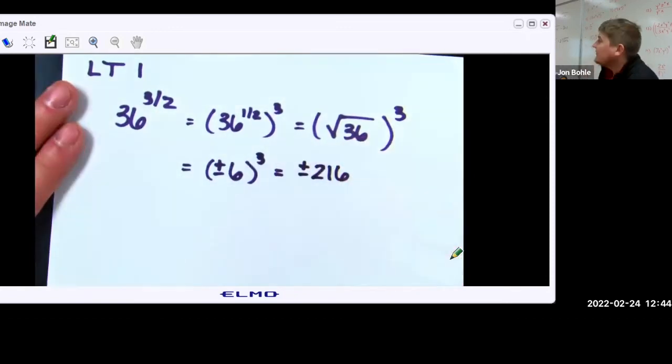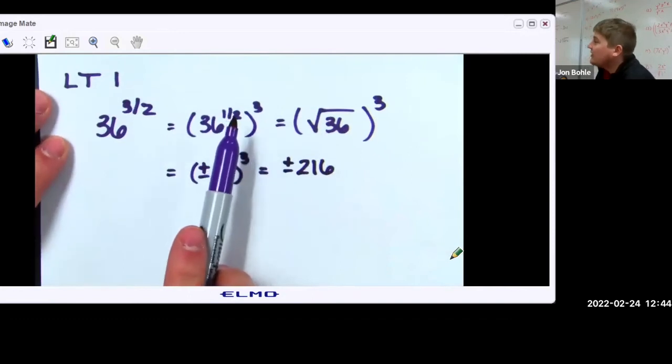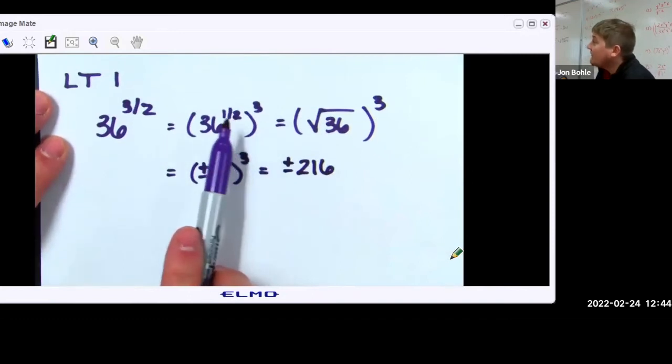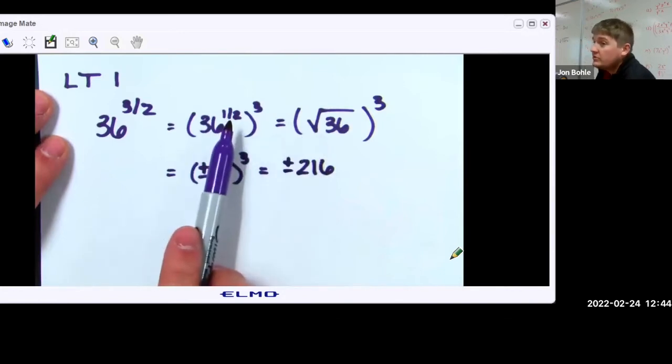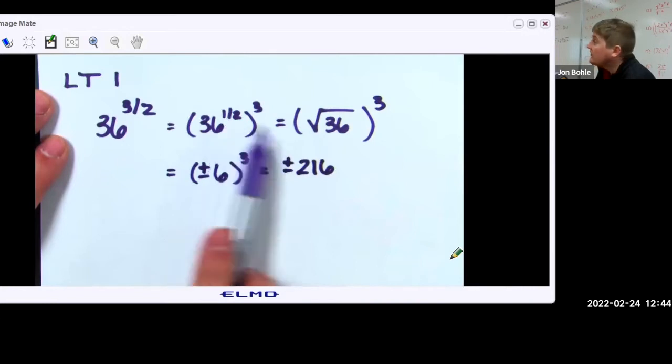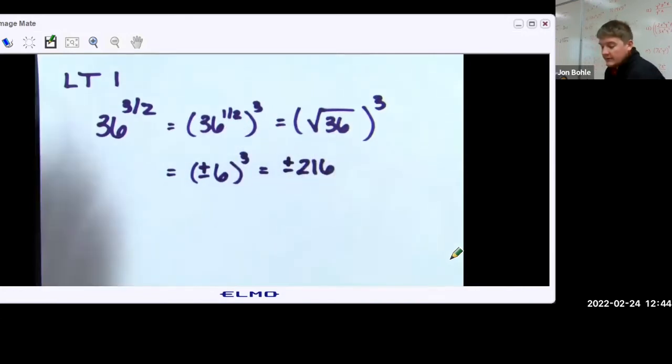Folks, you cannot forget, major concept of this whole chapter: the 1/2 power is the square root, the 1/3 power is the cube root, the 1/4 power is the 4th root. Can't forget about that stuff. Big concept. Do I have any questions about learning target 1?